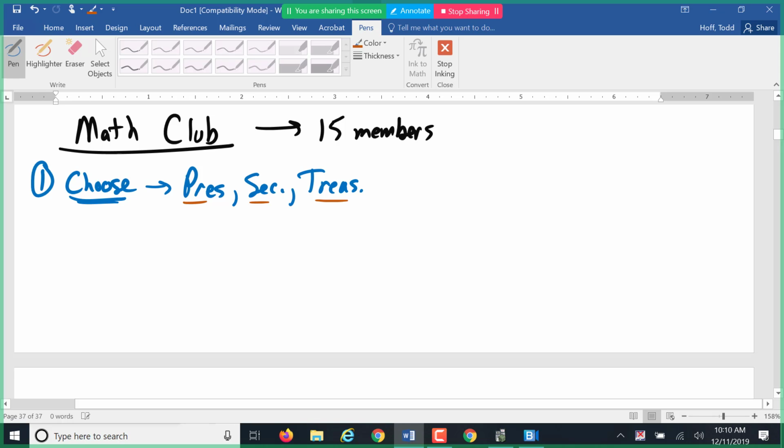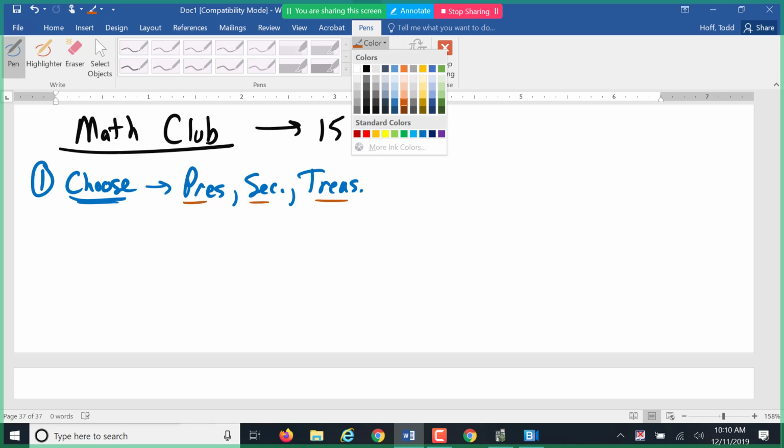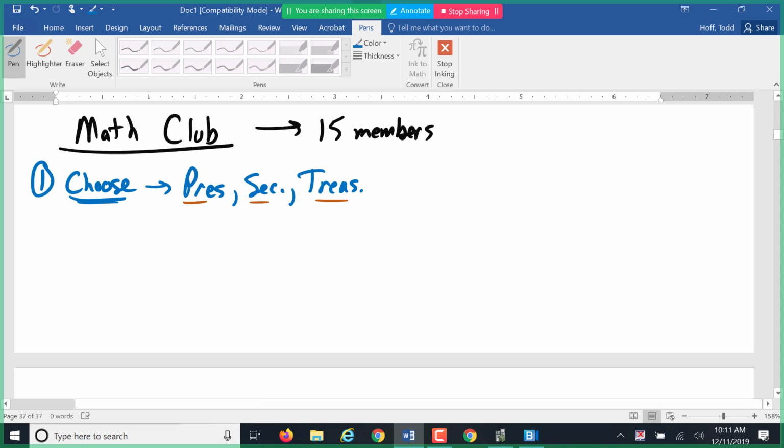Does the order of selection matter here? Well, of course it does. Being chosen president is different than being chosen secretary or being chosen treasurer. So yes, it does matter what order these are chosen in. So this is a permutation. We have 15 items to choose from, and we're selecting 3 of them.